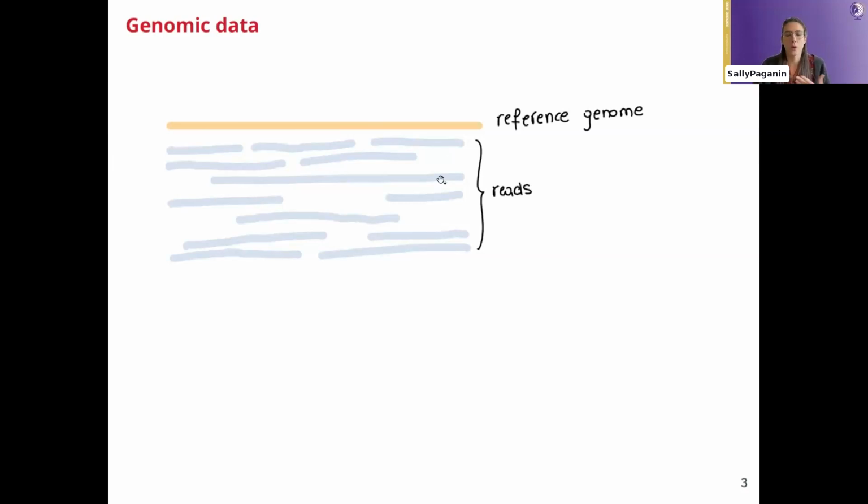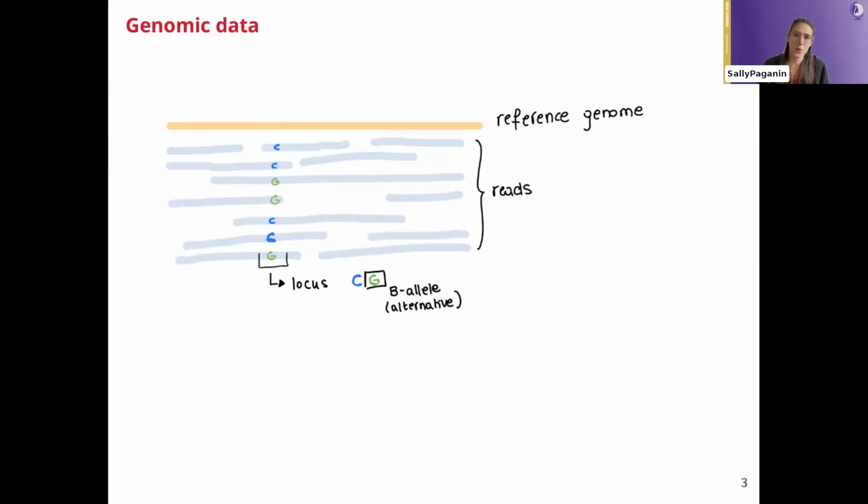We can look at different things in this kind of data, and we're going to look at one particular piece of information. We're going to look at each position in the genome, look at the letters for each of the reads, and check whether it is the same as the reference or not.